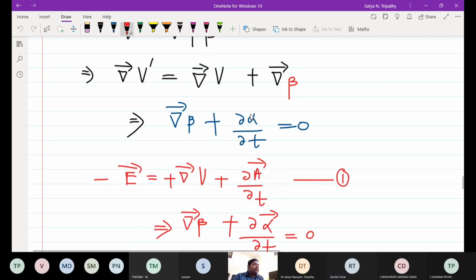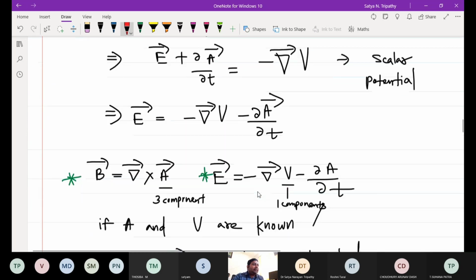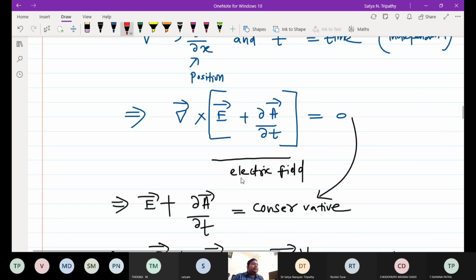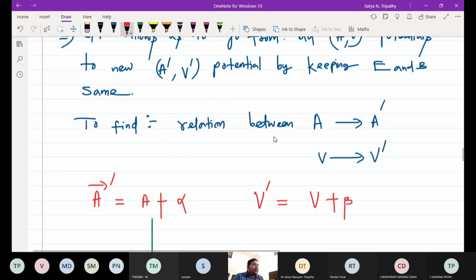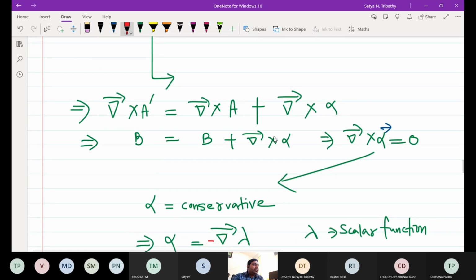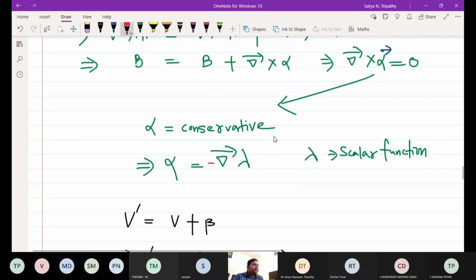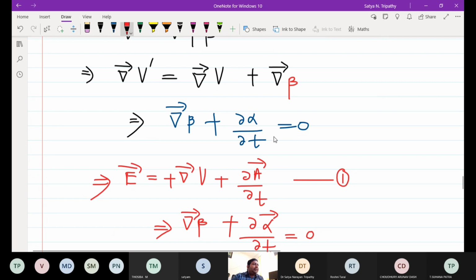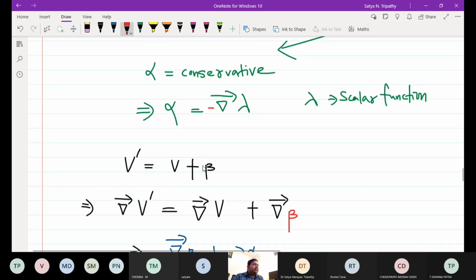Similarly, we know that the electric field is of the form gradient of U plus dA by dt. We already derived this, I think here. Do you remember this? This thing we have already derived, right? So here E is the electric field, and dA by dt is the vector potential term. Here B is the scalar potential function.